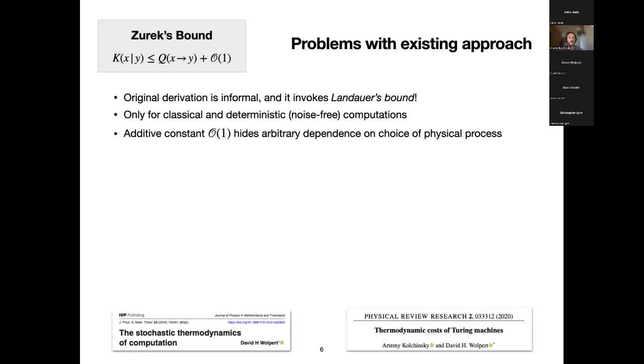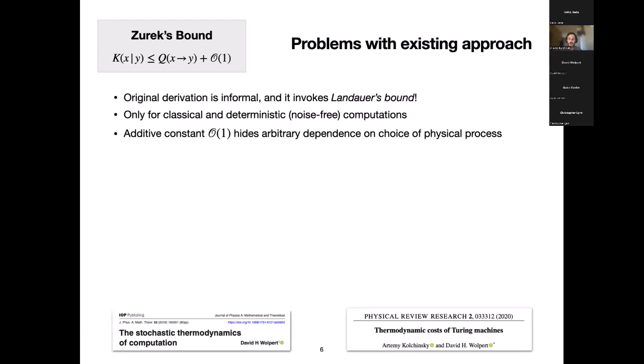And in my paper with David on the thermodynamic cost of Turing machines, we actually derived the same bound, I would say, in a more rigorous manner using a very different approach. But it was still limited to classical noise-free computations. And it was also based on some idealized assumptions like coupling to an idealized heat bath and so on.